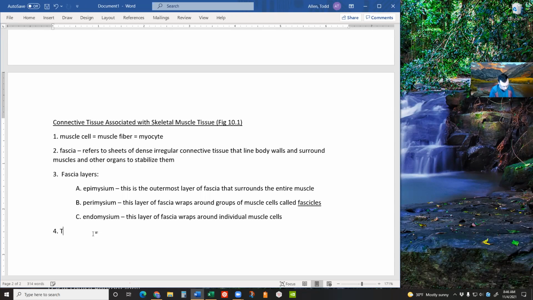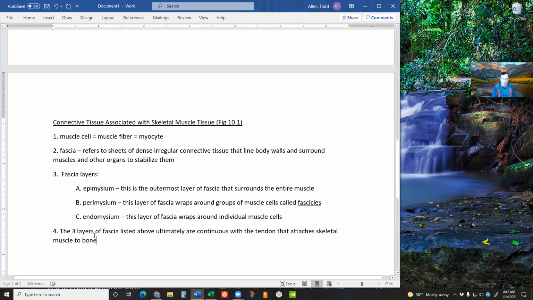So the 3 layers of fascia listed above ultimately are continuous with the tendon that attaches skeletal muscle to bone.